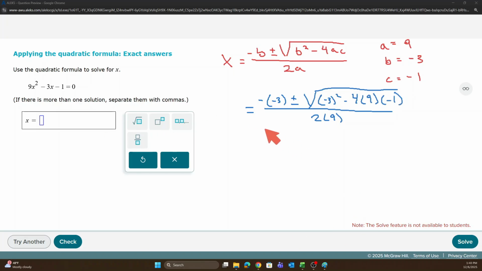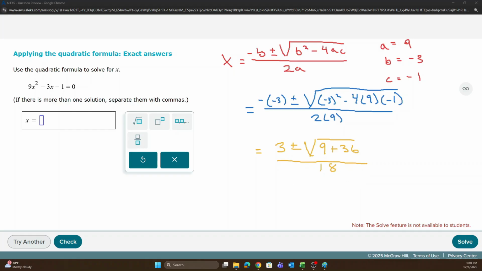Let's clean some of this up. Negative 3 squared is 9. 4 times 9 is 36, and the negatives cancel out, so this becomes plus 36. This is all over 18.